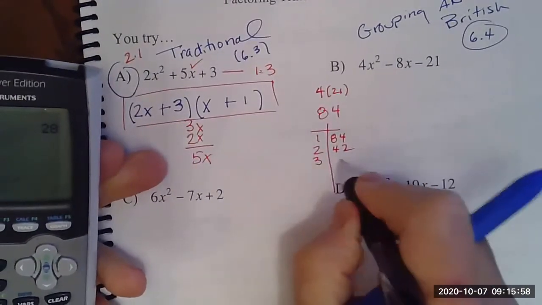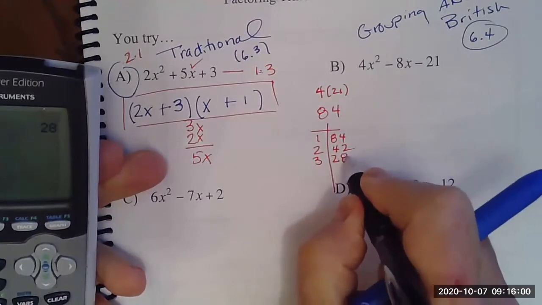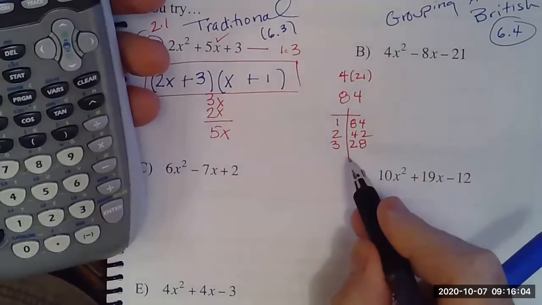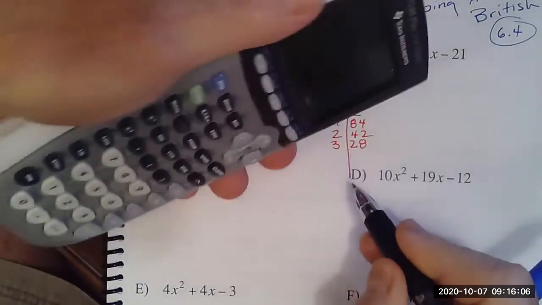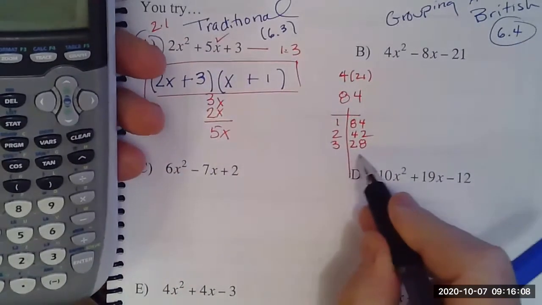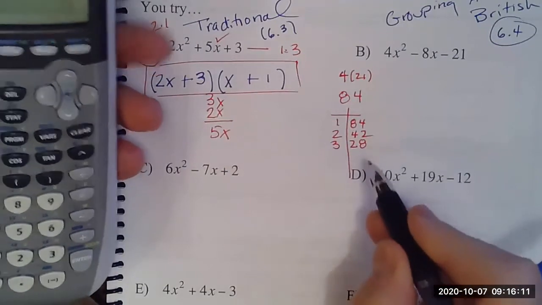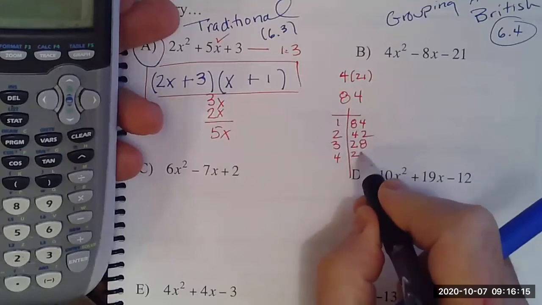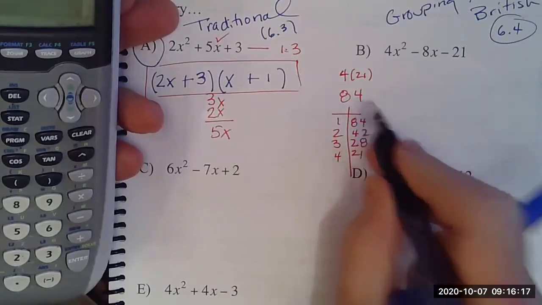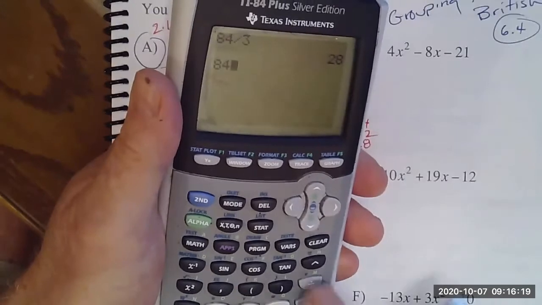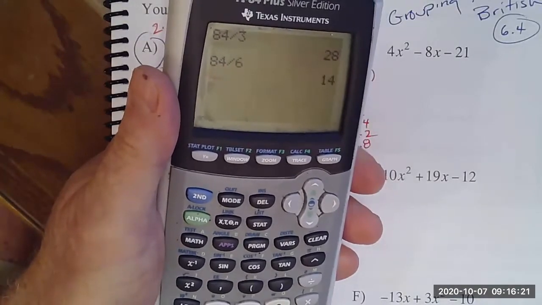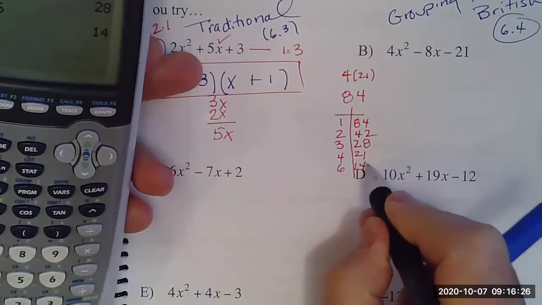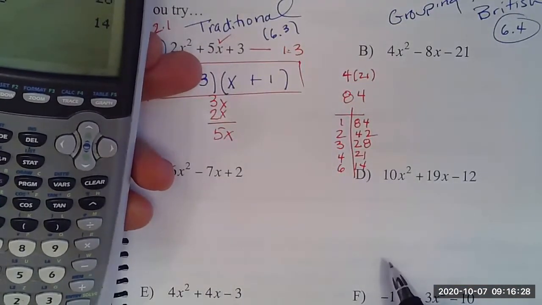So 3 and 28, but that's not going to be a pair that gives me 8. Now, when I say a pair gives me 8, if I add that, that's 31. That's far from 8. If I subtract these, it's 25. Still not there. 4, okay, that would be the 21. 5, no. 6, I don't know. Yeah, 6 and 14. I think that's it. See, if I subtract those, I get 8.